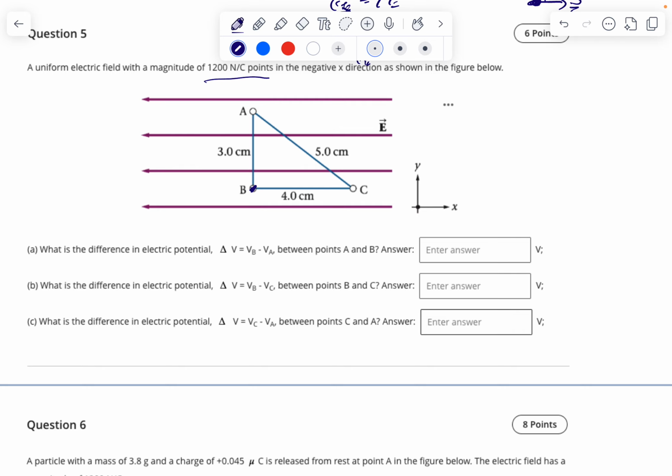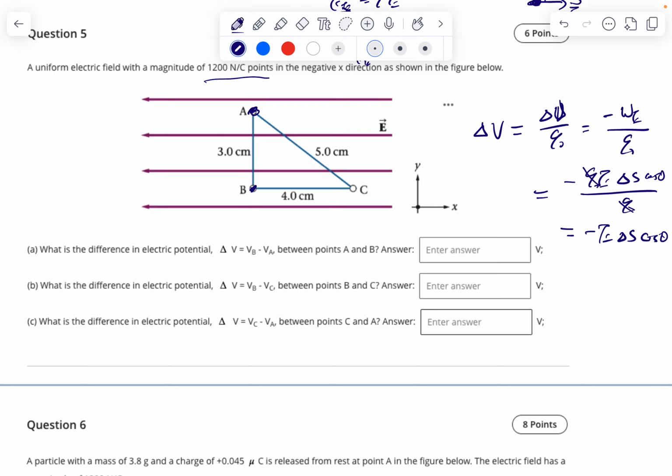Basically from A to B. The electric potential equals energy over charge. You move a test charge, equal to the negative work done by the electric field on this test charge, negative QE delta S cosine theta over Q naught. Q naught cancels, giving E delta S cosine theta. That's it.